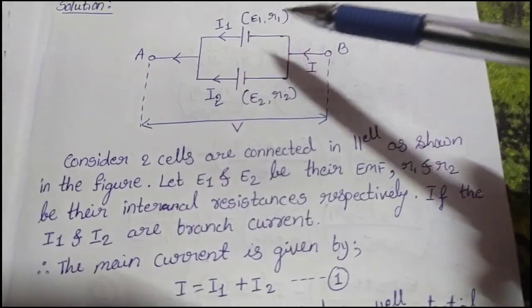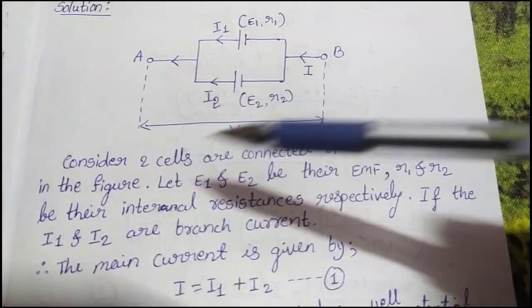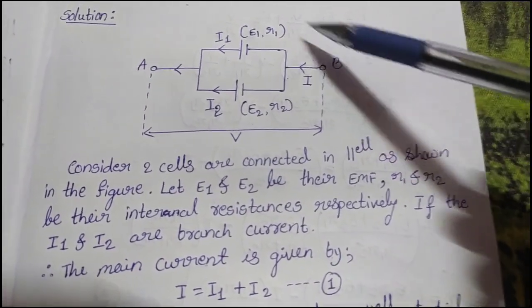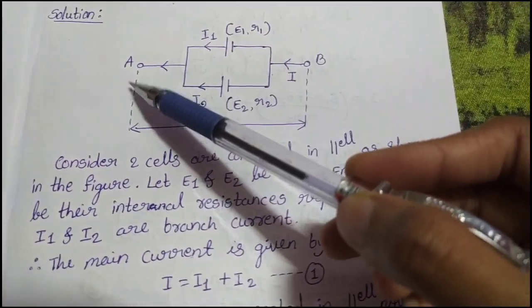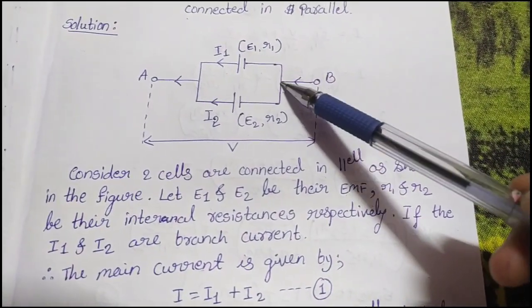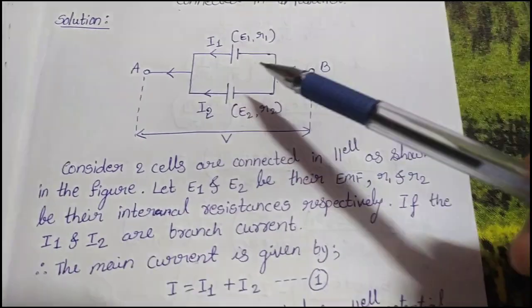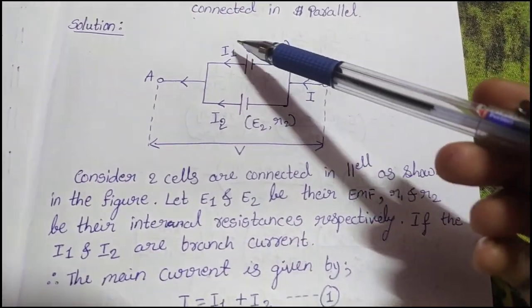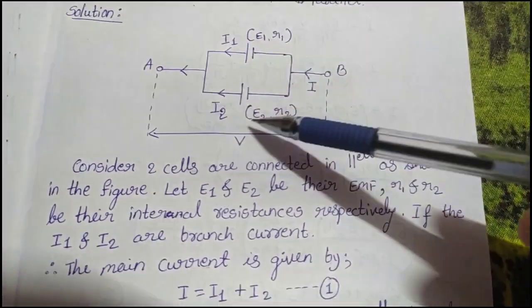Where I1 and I2 are the branch currents. Here, current I is passing through the points A and B. This current is split into two branches, therefore it becomes I1 and I2.